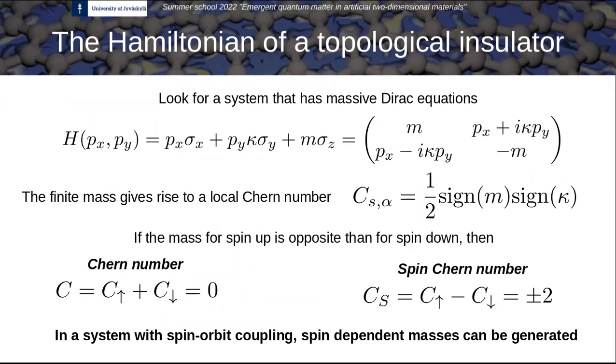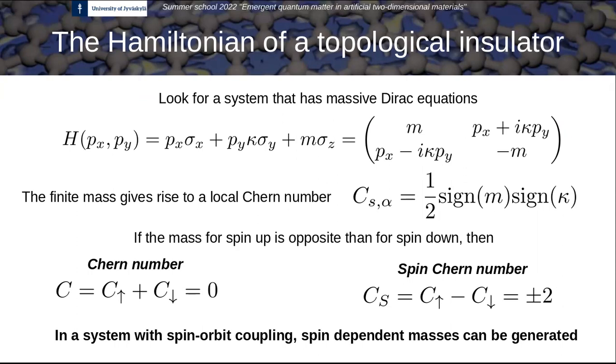So the basic idea for quantum spin Hall insulators is that you get valleys of masses of opposite sign for opposite spins, and with the same sign in the two valleys. So if you think in terms of Chern numbers of the up channel and the down channel, a quantum spin Hall insulator is essentially characterized by having a total Chern number that is 0. So different spin channels have different Chern numbers.